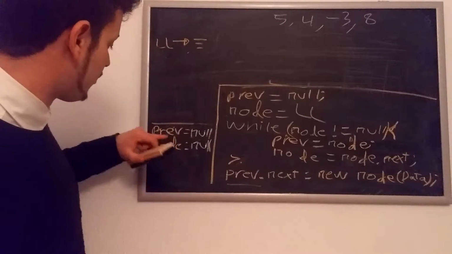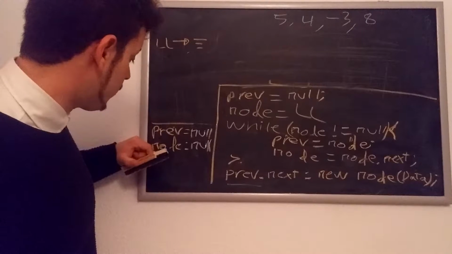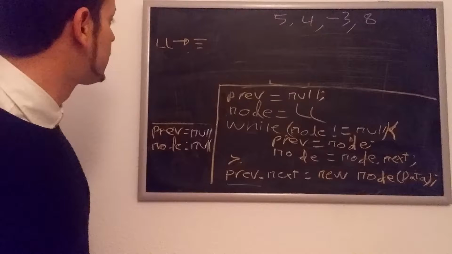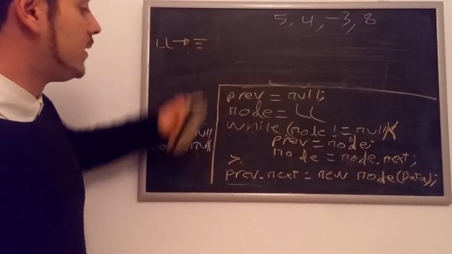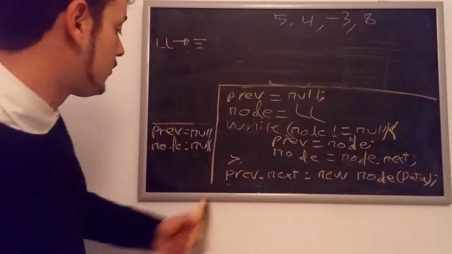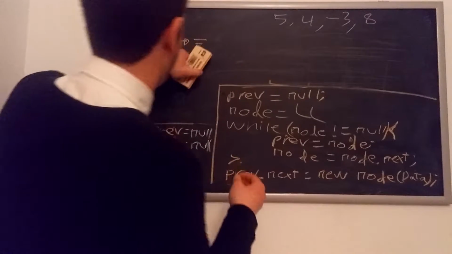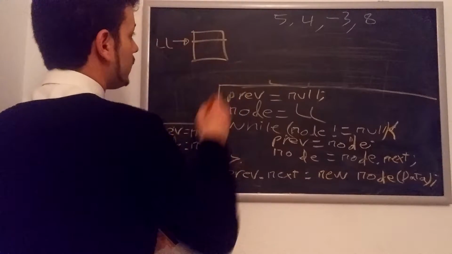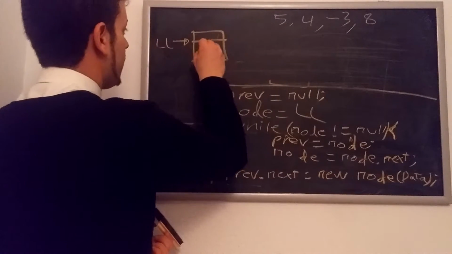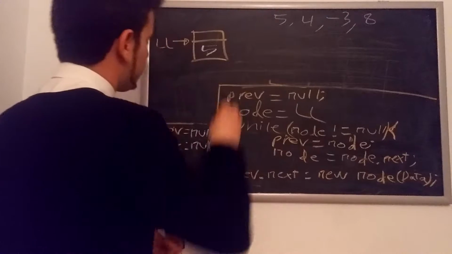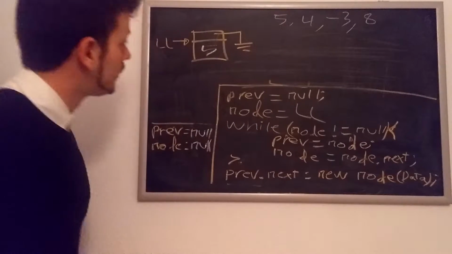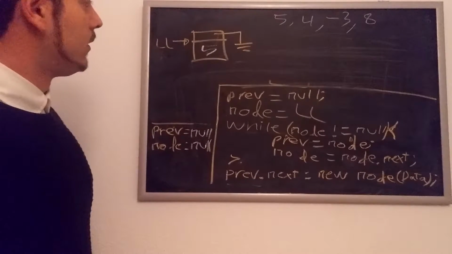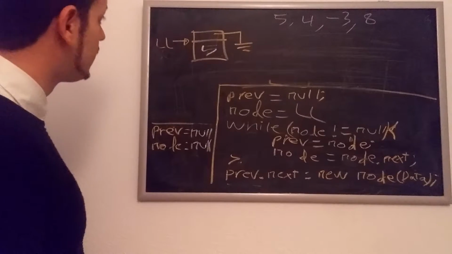In this case, prev is null, so we know that we're at the beginning of our linked list, and there is no element, so instead of doing prev.next, we just create a new element. We create a new node, insert the data, which is 5, and that's it, and we make our linked list point to that very first element that we just inserted.